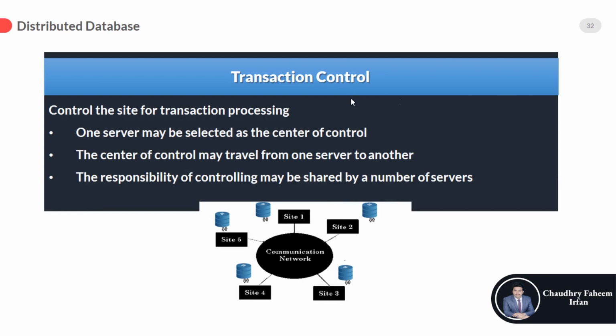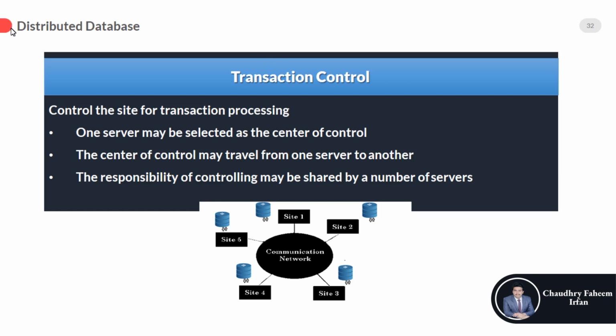Control the site for transaction processing. Transaction control is concerned with designating and controlling the sites required for processing a transaction in a distributed database system. There are many options regarding the choice of where to process the transaction.